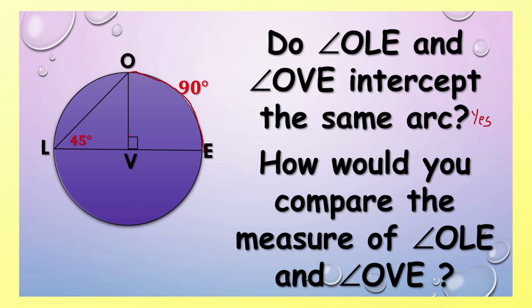So therefore here, kung pareho lang ng intercepted arc ang ating inscribed angle at ang ating central angle, kalahati lang yung ating inscribed angle ng measure ng ating central angle. So para mahanap mo yung measure ng central angle, times 2 mo lang kung given yung ating inscribed angle, kung sila ay pareho ng intercepted arc. Okay? So dito, ang measure ng ating central angle ay 90 degrees also.